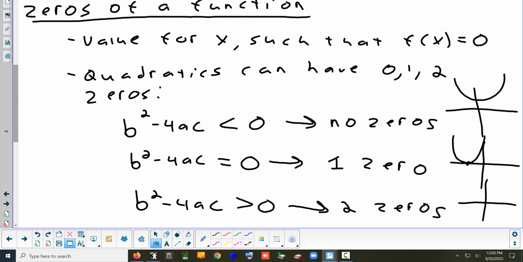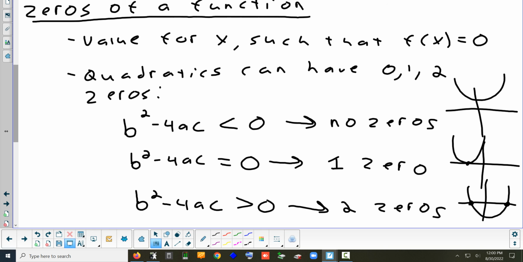If you tried b squared minus 4ac and it comes out greater than 0, that's this case, where it crosses the x-axis twice. So all this b squared minus 4ac trick is telling you is how many times your graph crosses the x-axis. Another word for that, how many zeros does your graph have?